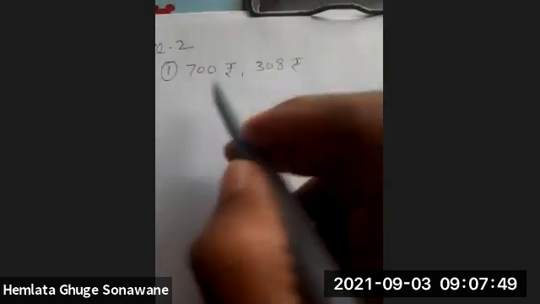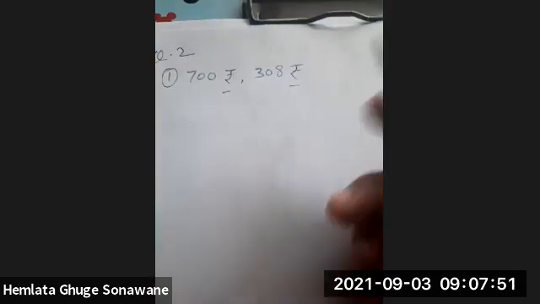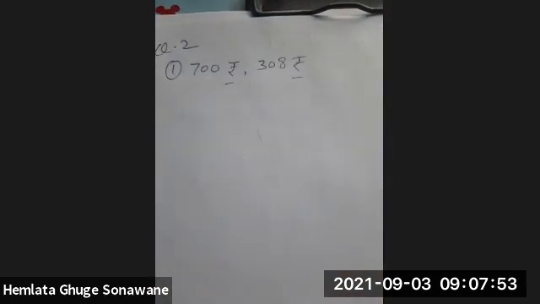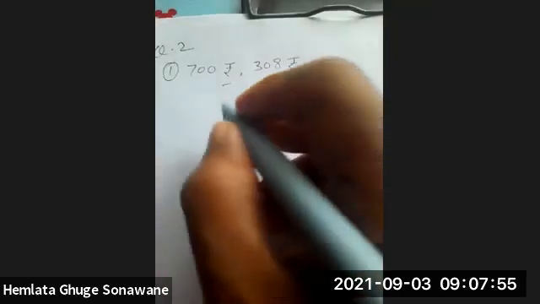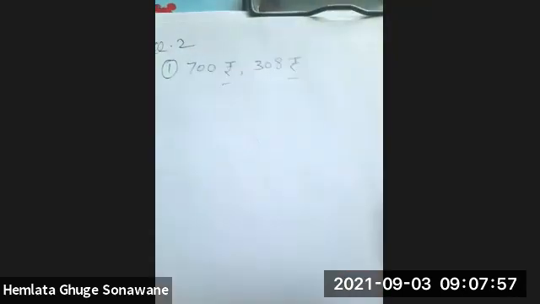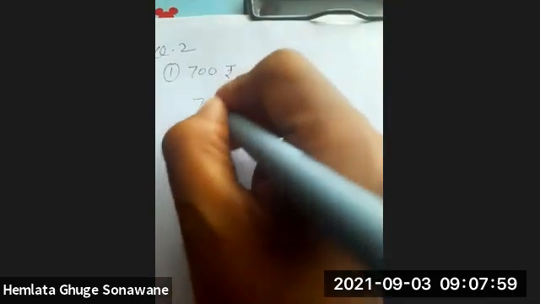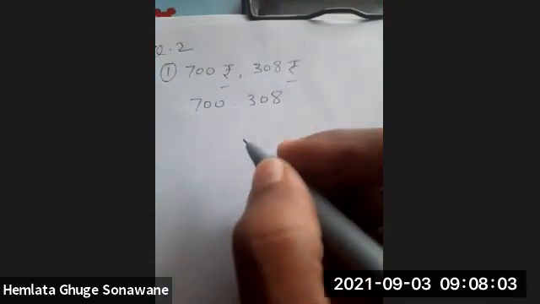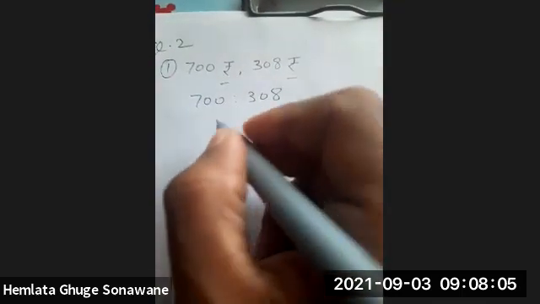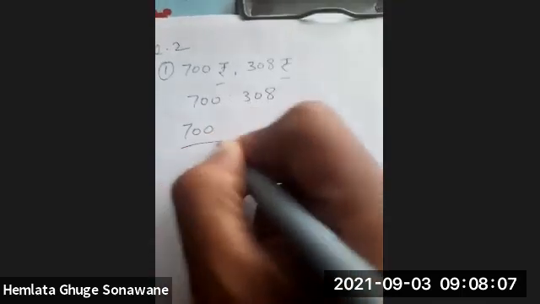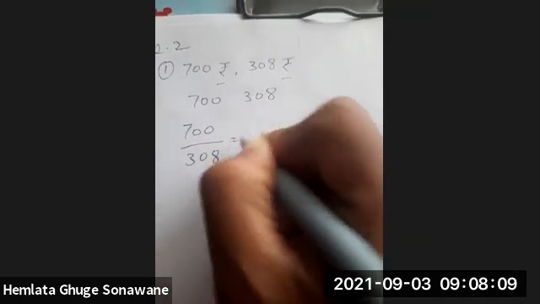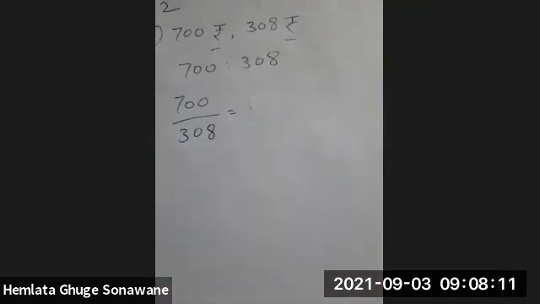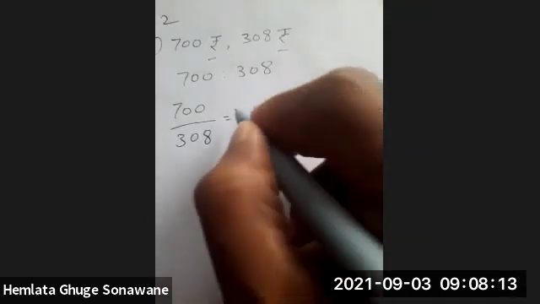Now both the quantities are in the same unit here, that is rupees. So we'll take the ratio of both the quantities, that is 700 as to 308. It will be 700 upon 308. Now here again we have to split both the terms.